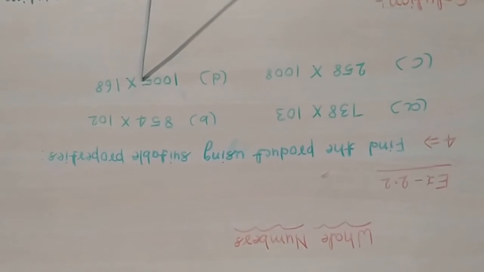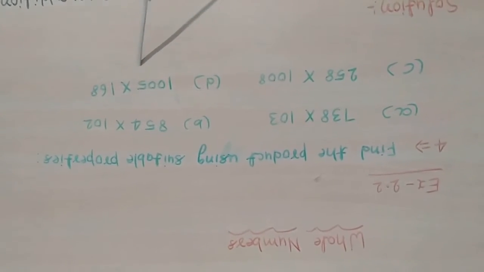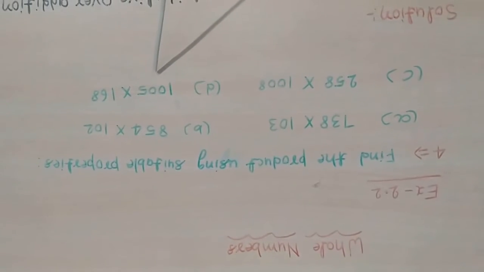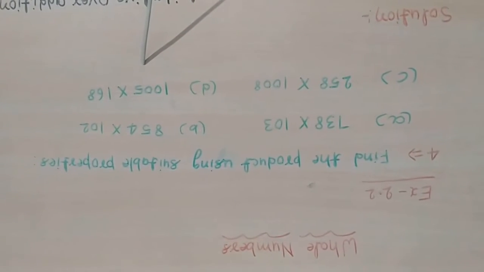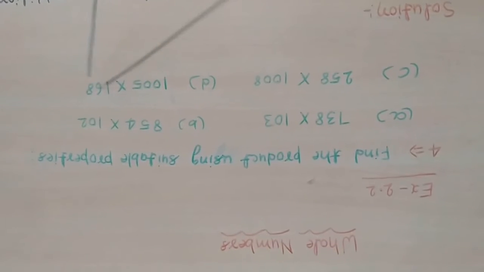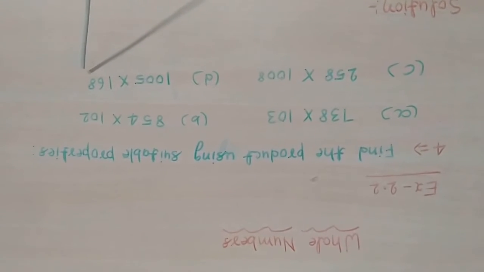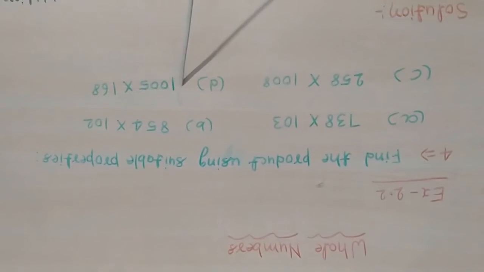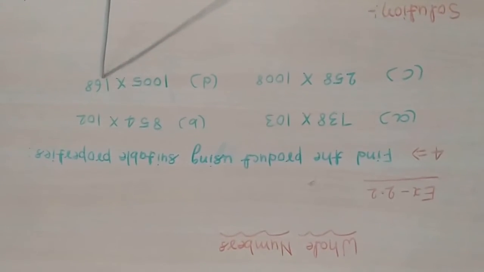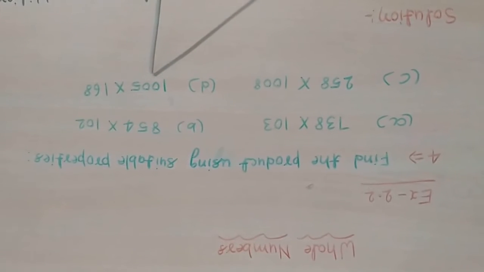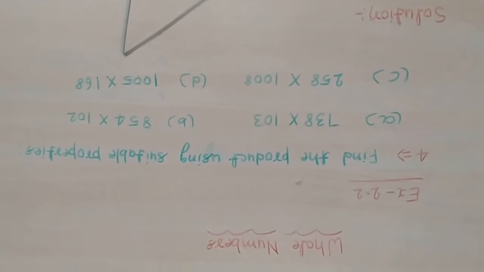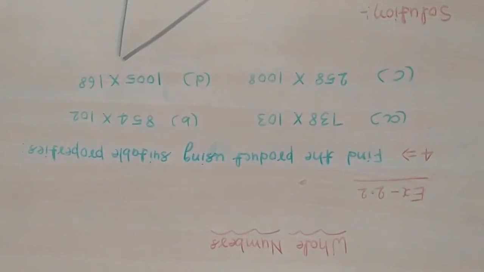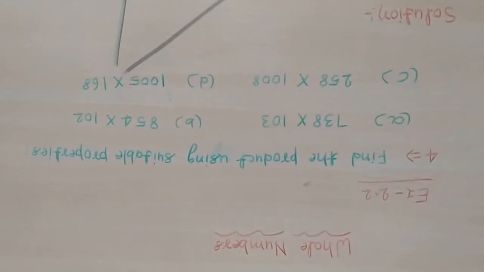So we break 1005 in the form of 1000 plus 5. First use the commutative property of multiplication in this product. So we can write it 168 into 1005. Let's see the solution of this part.